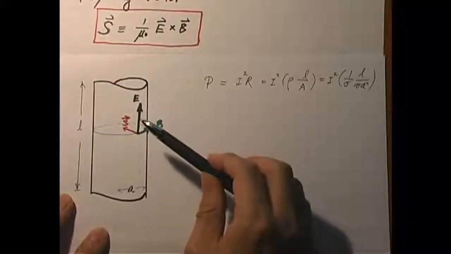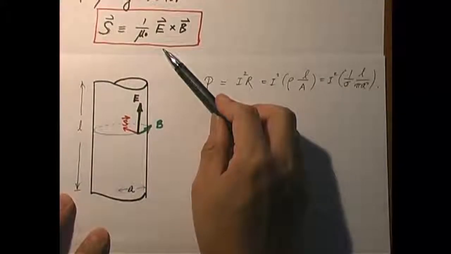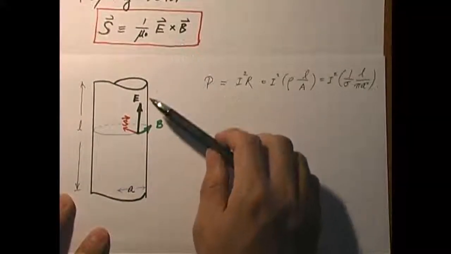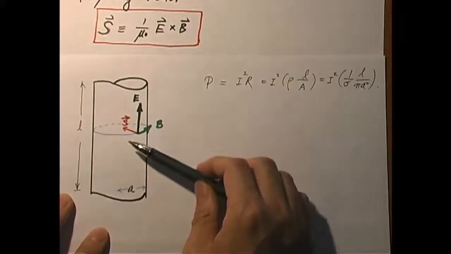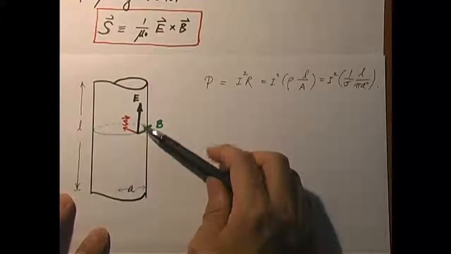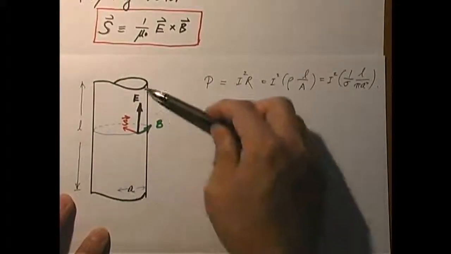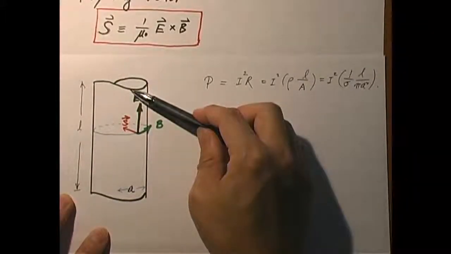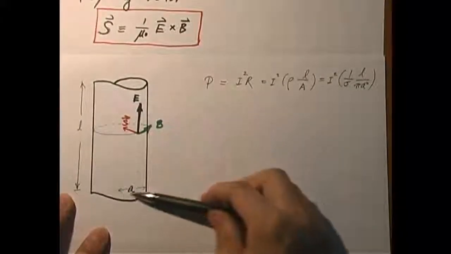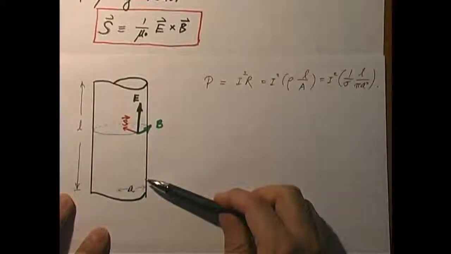But by definition, S is the amount of energy going through a unit cross-section area per unit time. Now, if I integrate S over the entire side area, then what I should get is the total amount of energy passing through the entire surface of the wire per unit time, right?